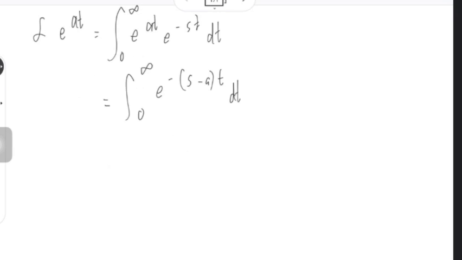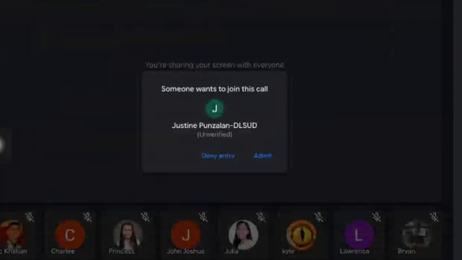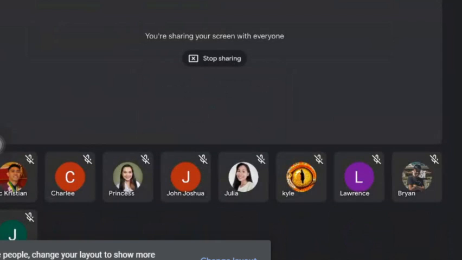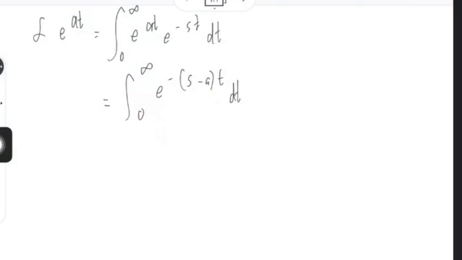Tama ba? They have the same base, so we can combine the exponent. So, a minus s times t. We factor out negative sign, so magiging s minus a. I hope you can follow.